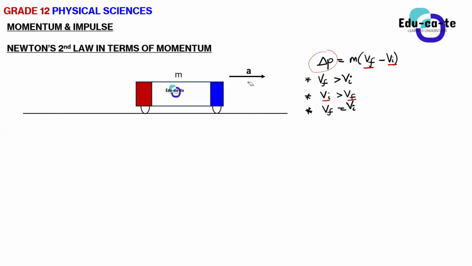So we need something definite to say VF is greater than VI. It's impossible for an object to have two velocities at the same time. You cannot have VI greater or equal to VF, because it's impossible to have two states at the same time when it comes to such problems.